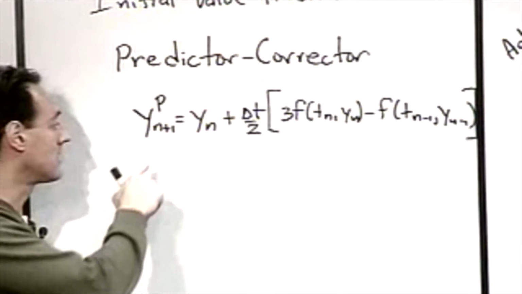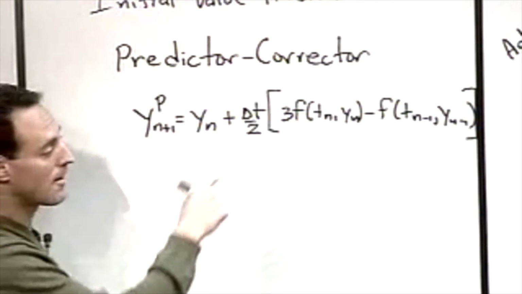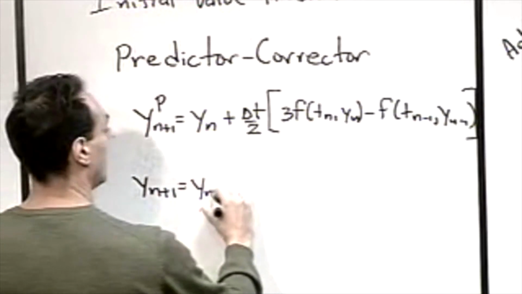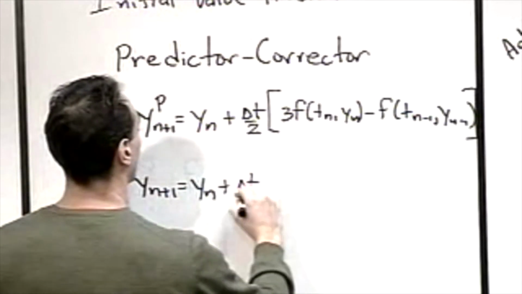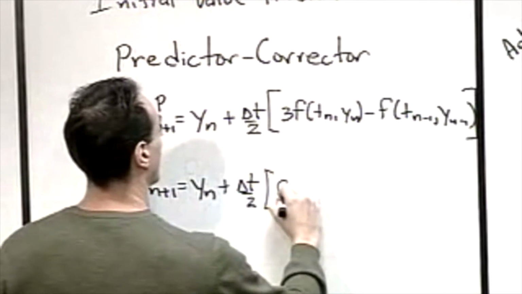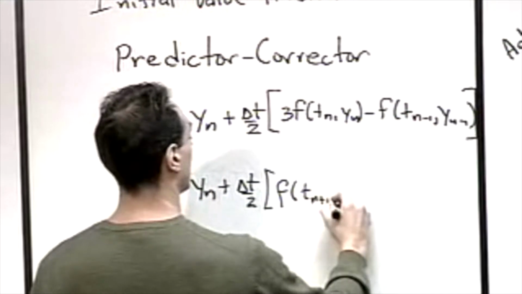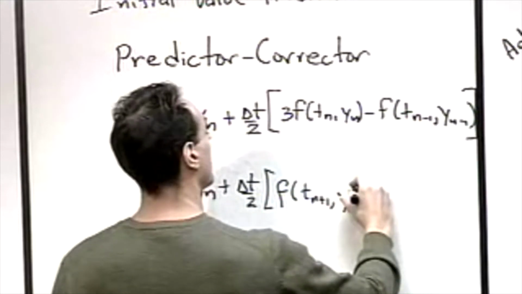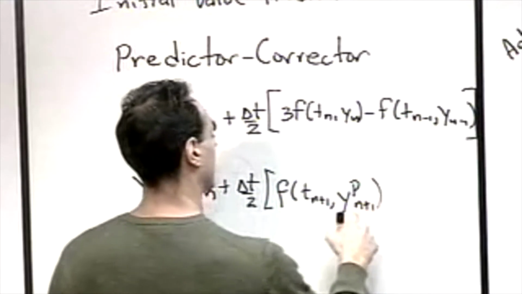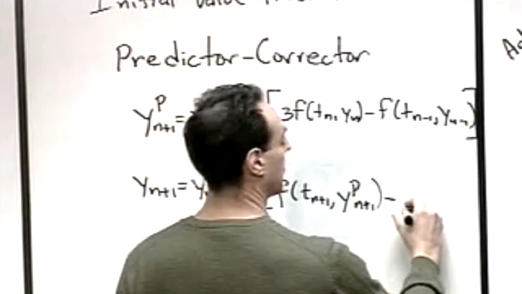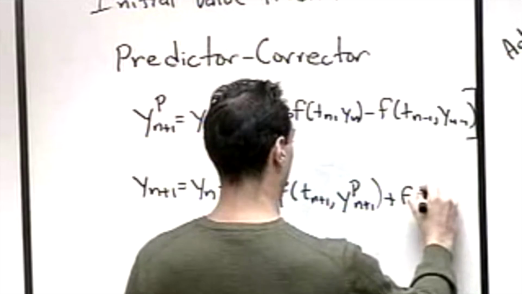Now, from that, I'm going to put that predictor step into my Adams-Moulton. So my solution now is going to be y of n plus delta t over 2 times f evaluated at t of n plus 1, y, my predicted value in the future, plus f.